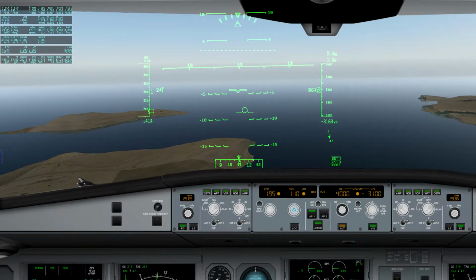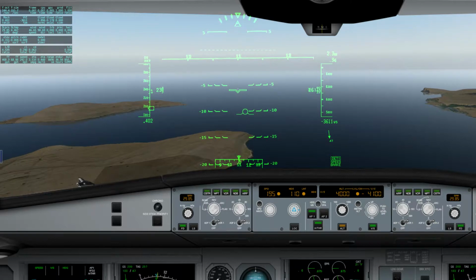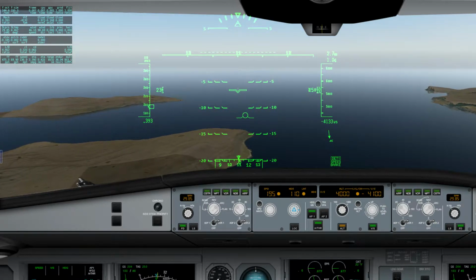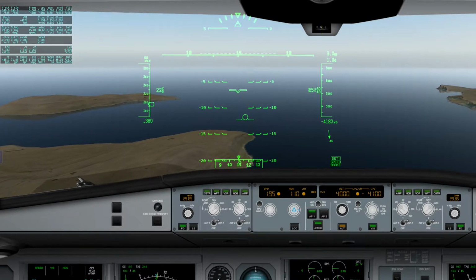And what we'll see once we do that is that the angle of attack readout we get will not correspond to the difference between the attitude indicator and the flight path vector.